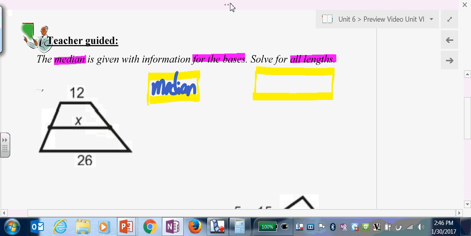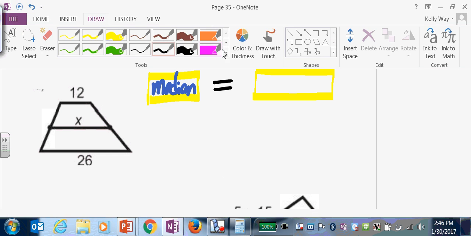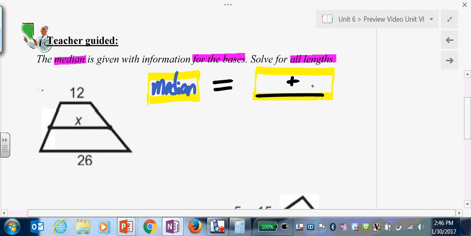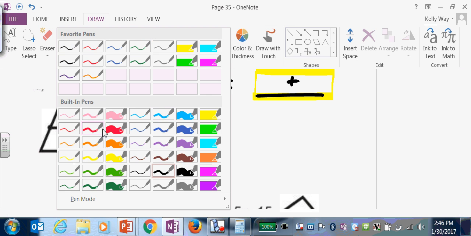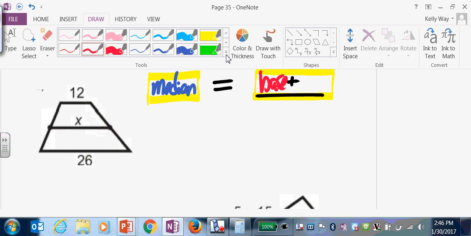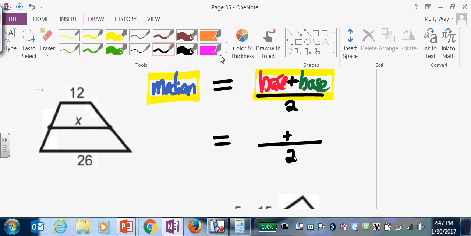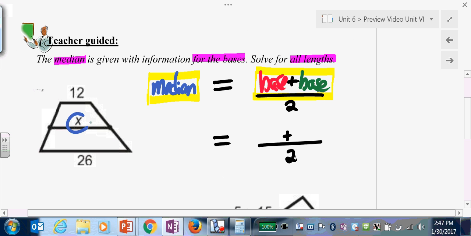Median equals base plus base over 2. Now we're going to circle, plug, chug onto our equation. There's my template. Our median here is x.